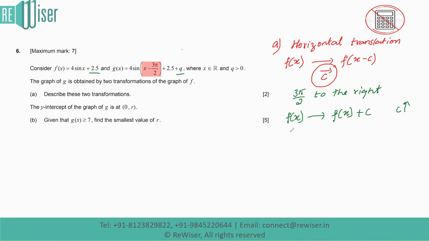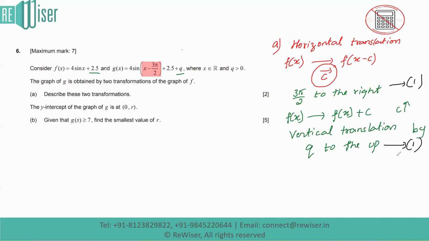So that's why it's a vertical translation by q units upwards. This carries 2 marks in total. One mark is for showing the horizontal translation of 3 pi by 2 units to the right, and the second mark is for showing q units up. This is how the 2 marks are distributed.